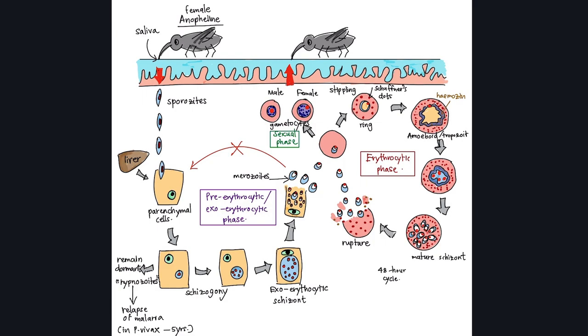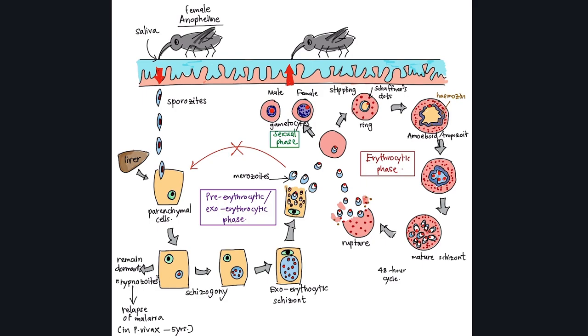Now, in the red blood cell, it undergoes different phases, mainly the ring stage, the amoeboid or trophozoite stage, and after that the schizont stage.